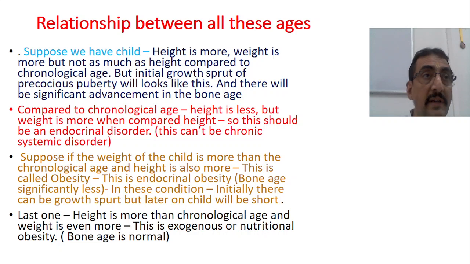In 10 years, whatever height and weight the child should have, that is not there. That means height is more, weight is also more, but the weight that should be there for that height at 10 years is not there. But the initial growth spurt of precocious puberty will look like this, and there will be a significant advancement in the bone age. This is one situation.